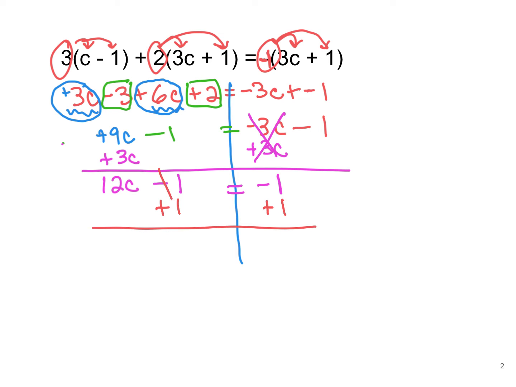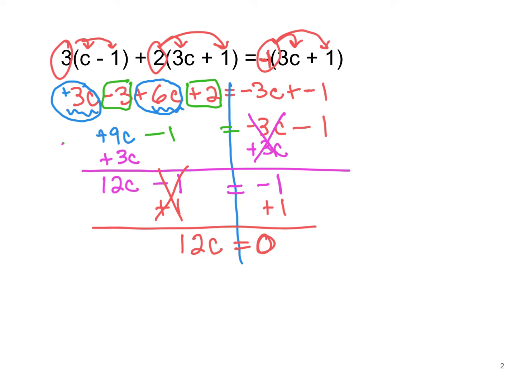Because that makes the negative 1 and the positive 1 zeros. Who's left over? 12c. Negative 1 plus 1 is 0. Now, is it okay to have a 0 sitting here? Yes, that's fine, because 0 is still a number. He sits in the middle. He's not positive, he's not negative. You just cut it in the middle. So this is okay. We still need to solve for c.